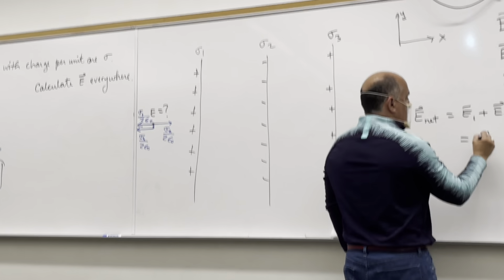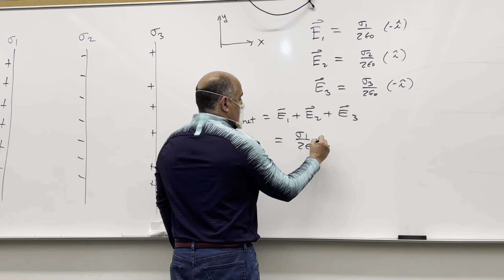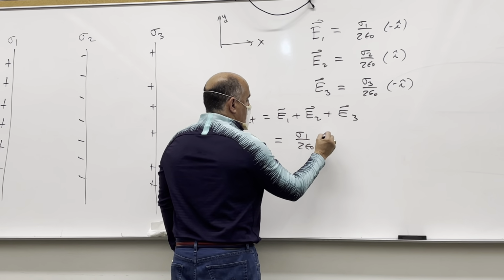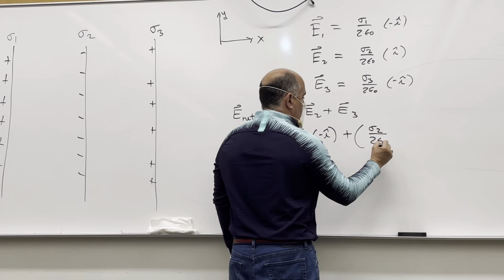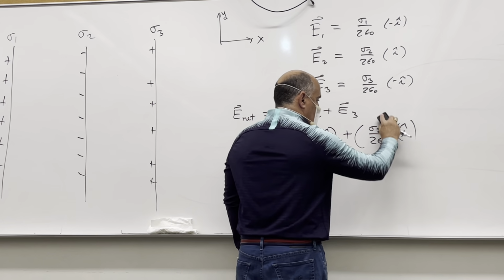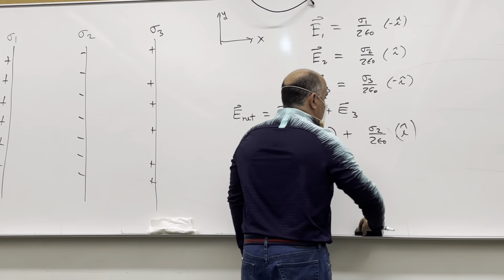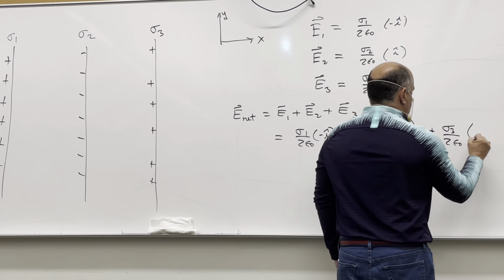So that would be sigma 1 over 2 epsilon naught, and that's minus I hat, right? Plus sigma 2 over 2 epsilon naught I hat. And then plus sigma 3 over 2 epsilon naught minus I hat.